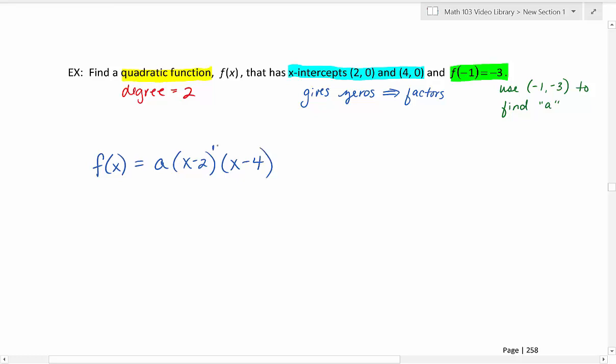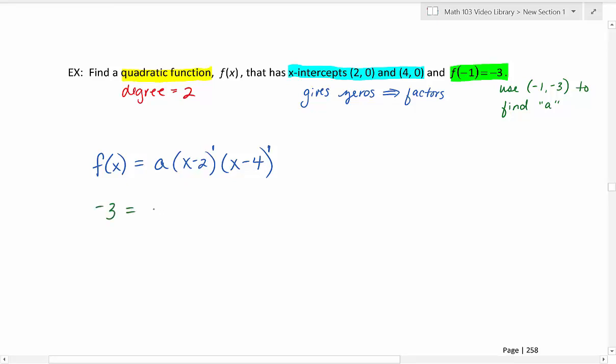Notice that this would be degree 2, and since we're writing a quadratic function, we expect degree 2. The last thing we need to do is find our leading coefficient a, and we'll use the ordered pair that was given to do that. We'll plug negative 3 in for y and negative 1 in for x and solve for a.